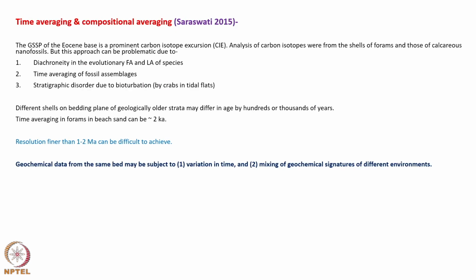We need to understand, in the context of chemostratigraphy, what is time averaging and what is compositional averaging. The geochemical data from the same bed, that means from the same horizon, ideally should represent variation in time and mixing of geochemical signatures of different environments.